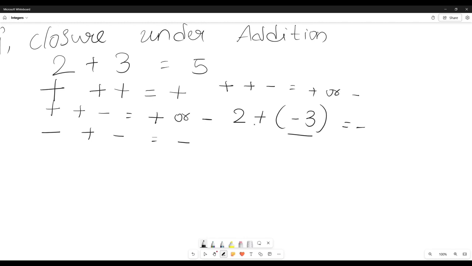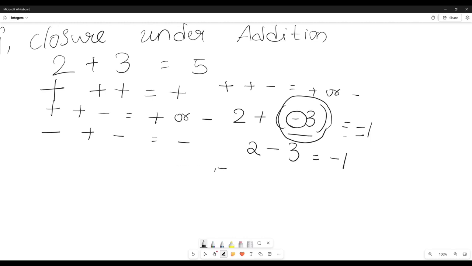Then tell me, 2 minus 3 equals what? We get minus 1. As I told you, if it is a bigger number, it gives its sign here. So 2 minus 3 means minus 1.